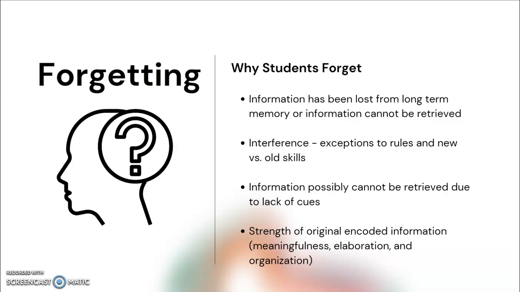If we forget something, if we have multiple links going to that, maybe if we forget one, we'll remember the other, and we can still retrieve that specific piece of information. So depending on how information is organized in long-term memory can also impact how it is going to be retrieved.